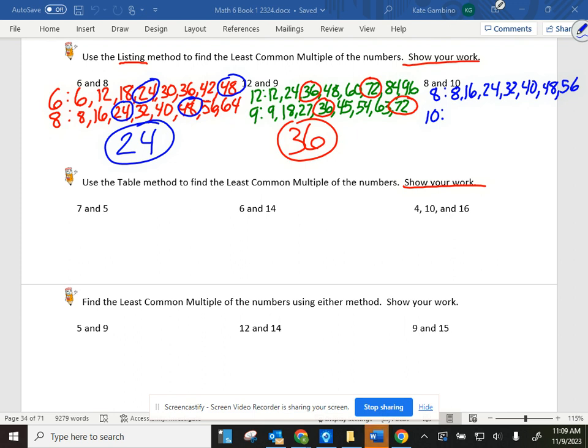Connor. 10, 20, 30, 40, 50, 60, 70. That's all I have room for. Let's see if we can find any common multiples in here. We've got 8 and 10, 16, 20, 24, 30, 32, 40, 40, 50. Oh, I see 40 and 40. 50, 48, 60, 56, 70. That's the only multiple I have with the list I made. So it's kind of easy. Which one is my least common multiple? 40.